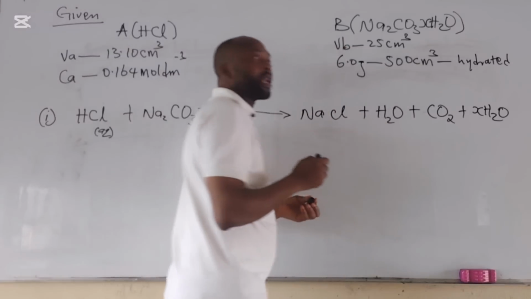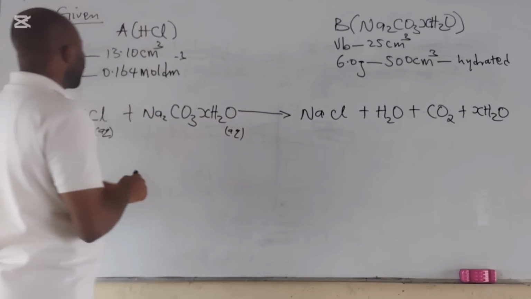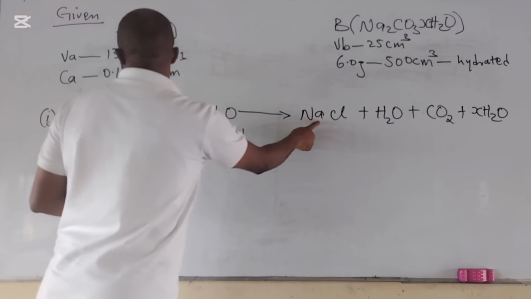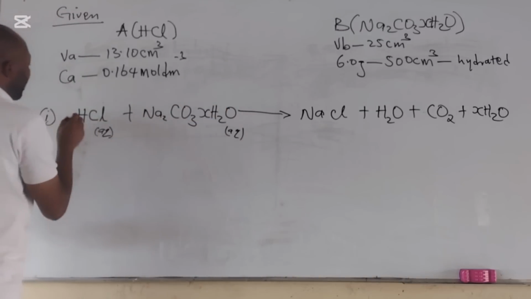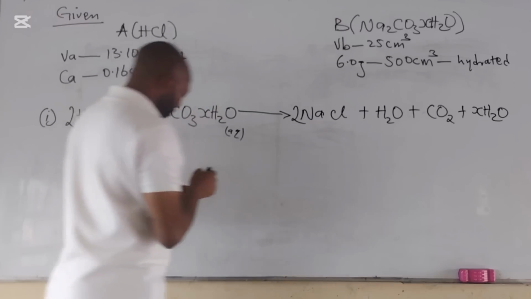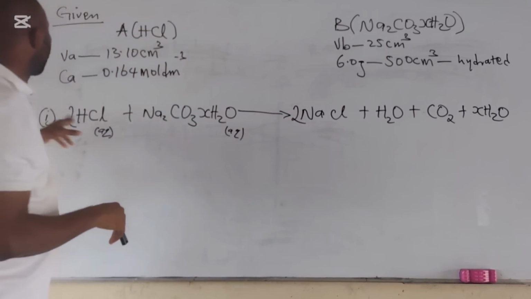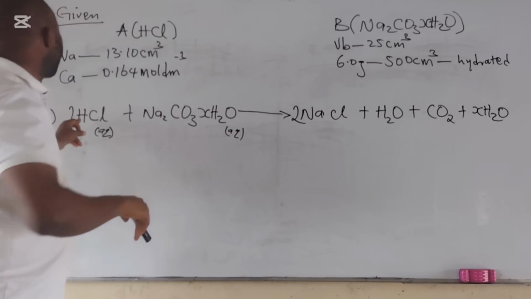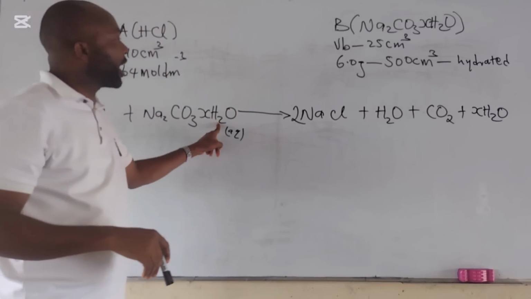With this, we can now balance, but this is the format which we have. So let's say we have 2 sodium, but here we have 1. Chlorine is 1 here. So if I put my 2 there, I should also put 2 here. Sodium is 2, so that is balanced. Chlorine is now 2. Let's look at the others. Hydrogen is 2 here, hydrogen is 2, and this other hydrogen X is also 2.